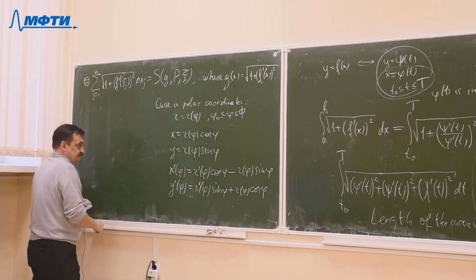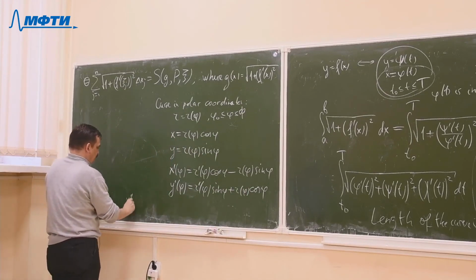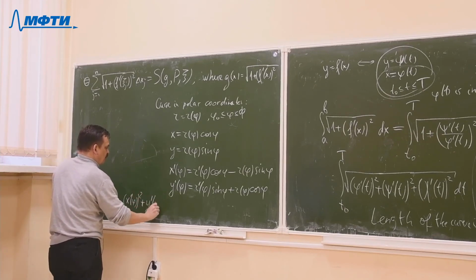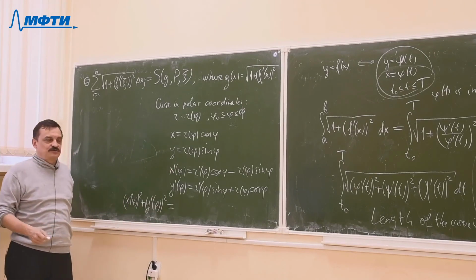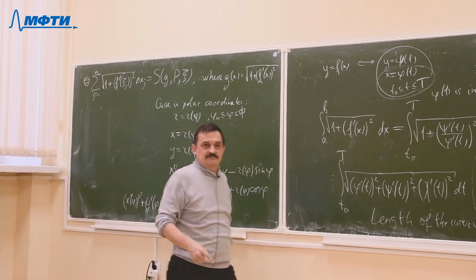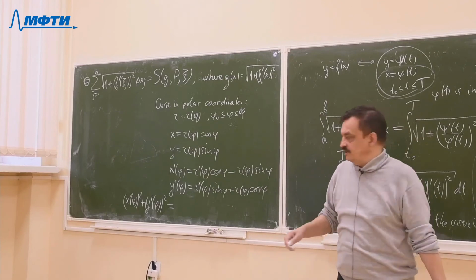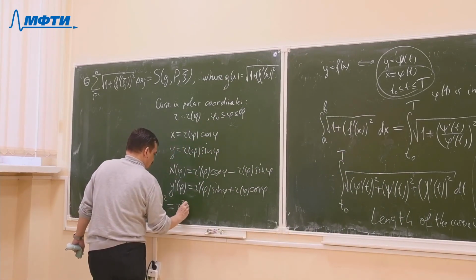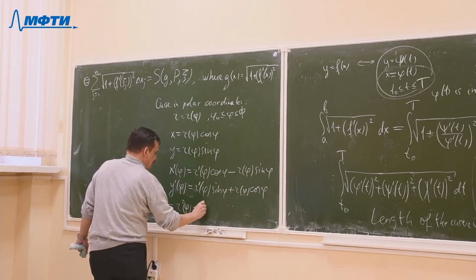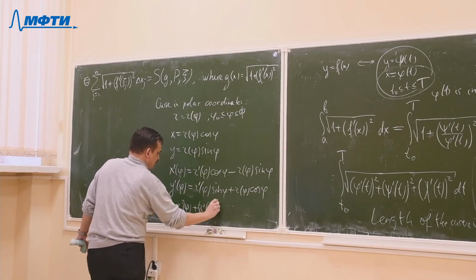Then x prime of phi squared plus y prime of phi squared equals, if you substitute, take squares and transform it a little bit, r squared of phi plus r prime of phi squared.